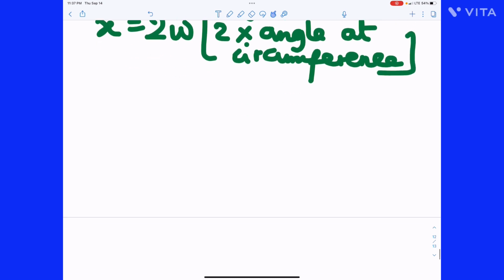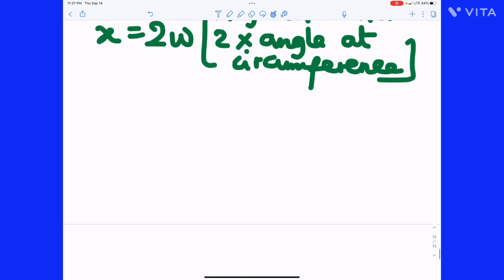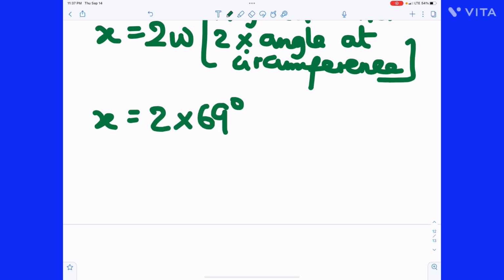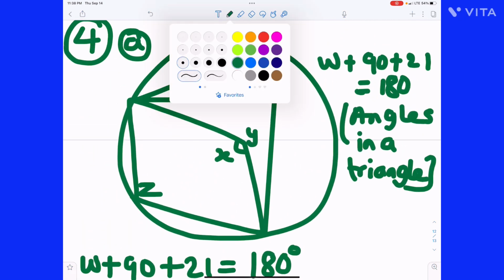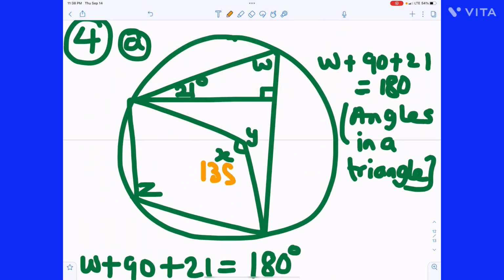So that means X is equal to 2 times 69. X is equal to 138 degrees. I have X, I have W. I think I should be filling it into the diagram for you. 138, I found this myself. W is 69, I also found this myself.